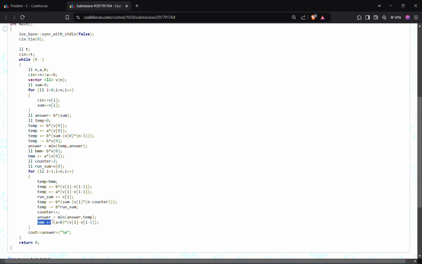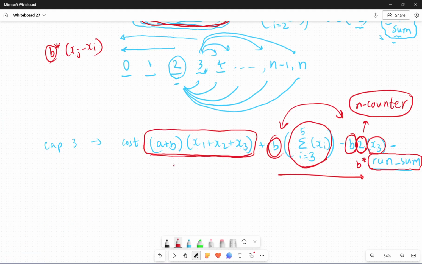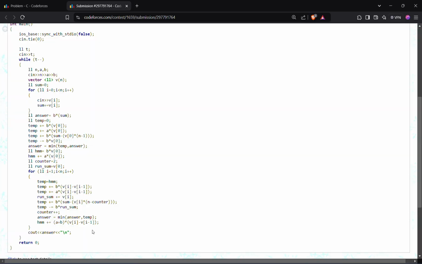And finally this variable is basically what is it doing? It is keeping track of this thing, increasing it step by step. So that is it.